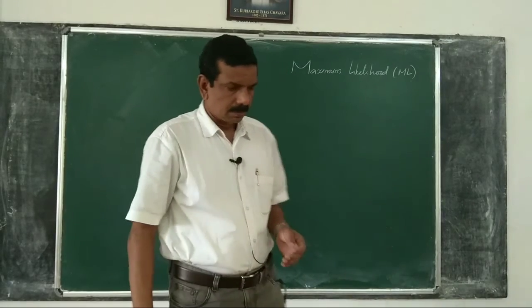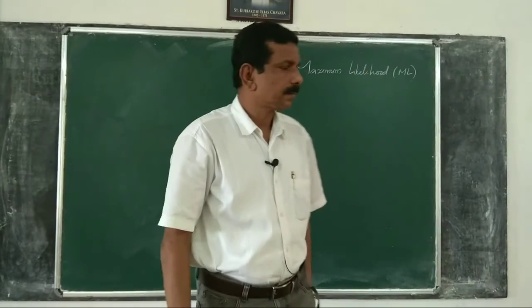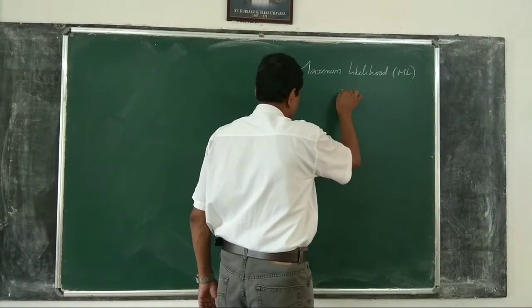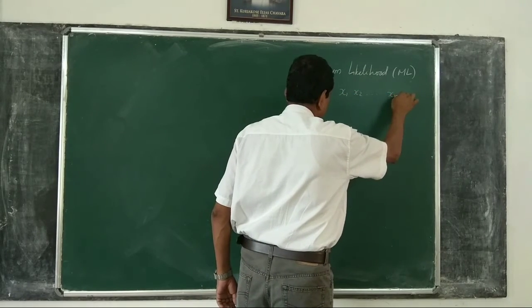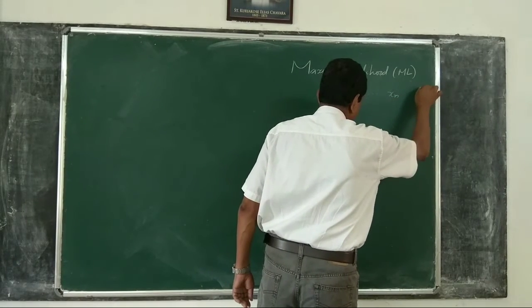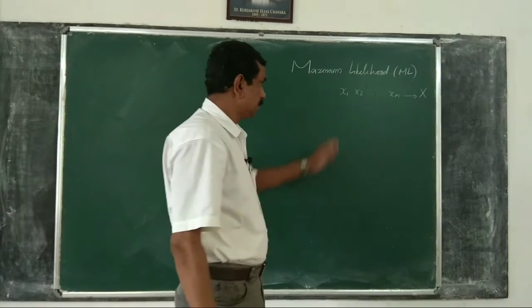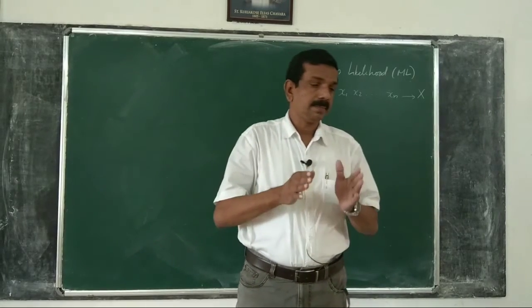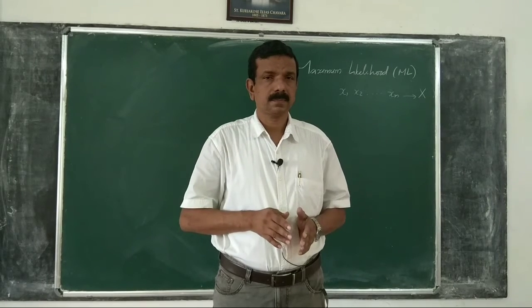To introduce the method of maximum likelihood, suppose that you have taken n sample values x1, x2, etc., xn randomly from a population x.